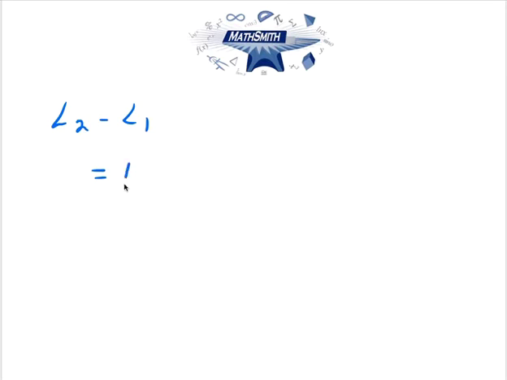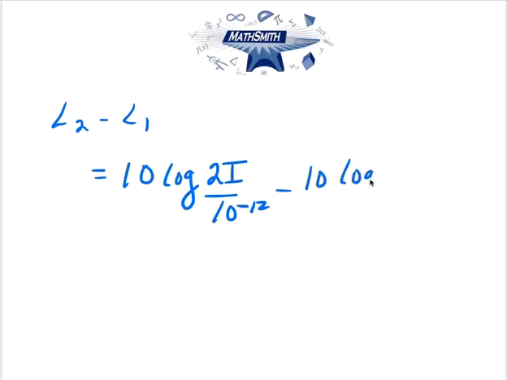So you're just using the formula again, 10 log, the intensity is 2 times I divided by 10 to the negative 12 minus 10 log just the intensity of 1, still divided by 10 to the negative 12. And it's going to work out very similarly to what the other one did.